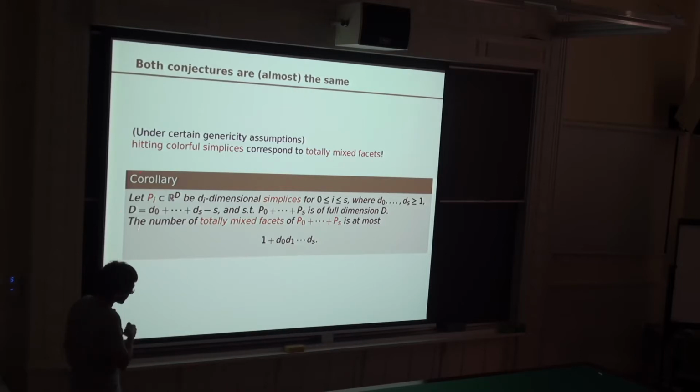This is more or less a translation under these genericity assumptions. If all your simplices are triangles, then these are all 2, and then you get this 1 plus 2 to the something that we had in Ben's conjecture.